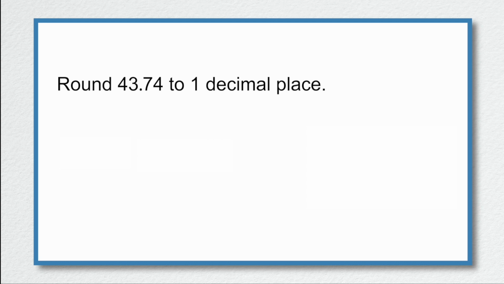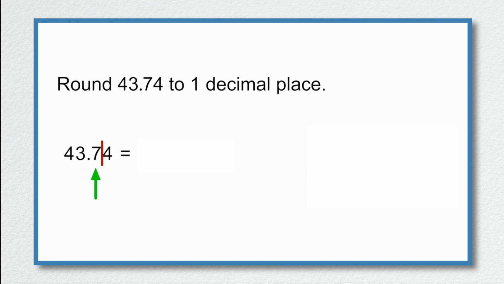So, round 43.74 to one decimal place. So what the question is asking is, do we round this number down to 43.7 or do we round it up to 43.8? So there's the cutoff point, and we're going to round this number to the nearest tenth.